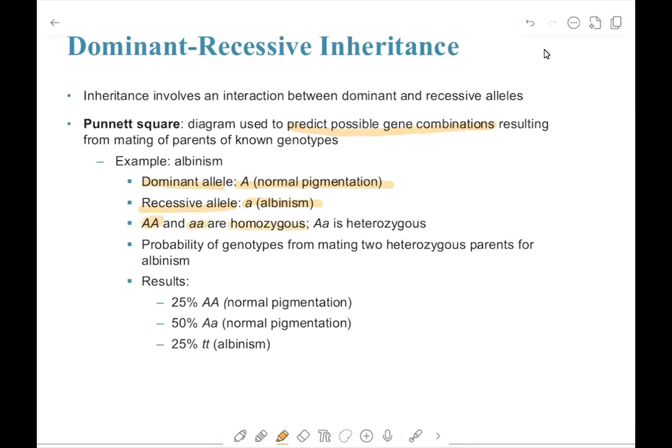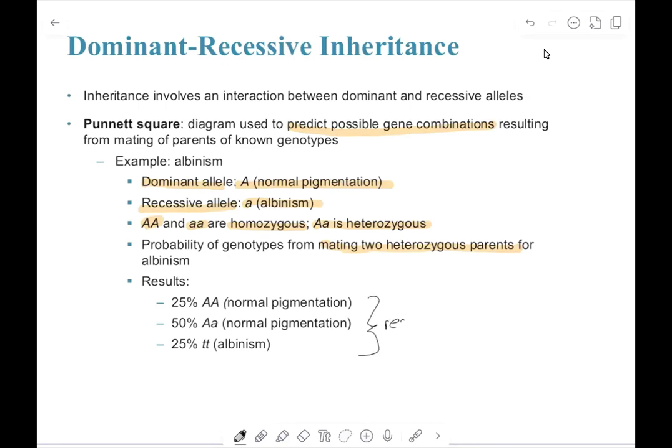Therefore, the heterozygous is always a capital letter and a lowercase letter. The probability of mating two heterozygous parents, that would be this genotype, capital A, lowercase a, is always going to be the results that we see here.